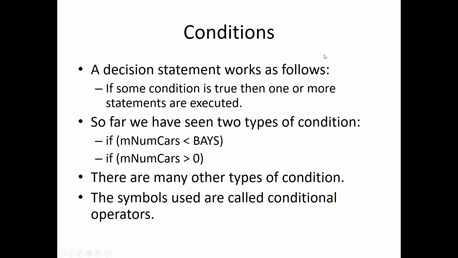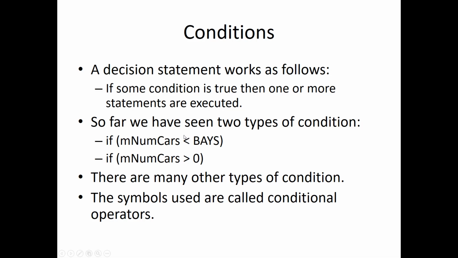So when we look at conditions, the if statement always has some kind of a condition, where it's a question for which the answer will either be true or false. So at the minute we've looked at two condition types.